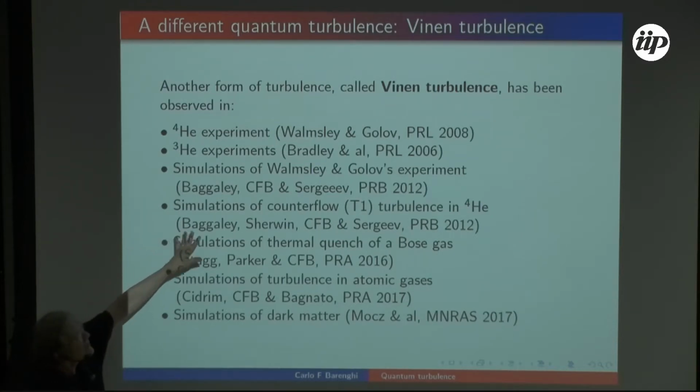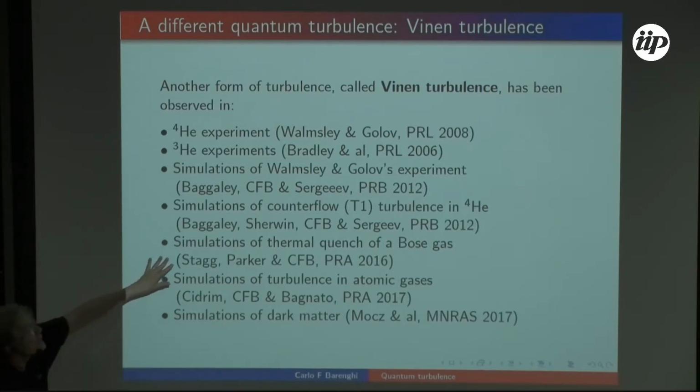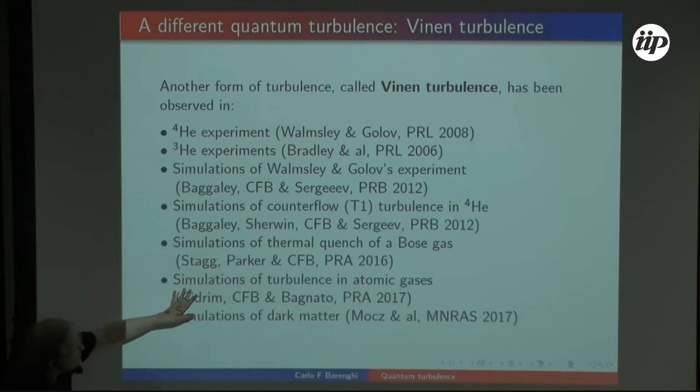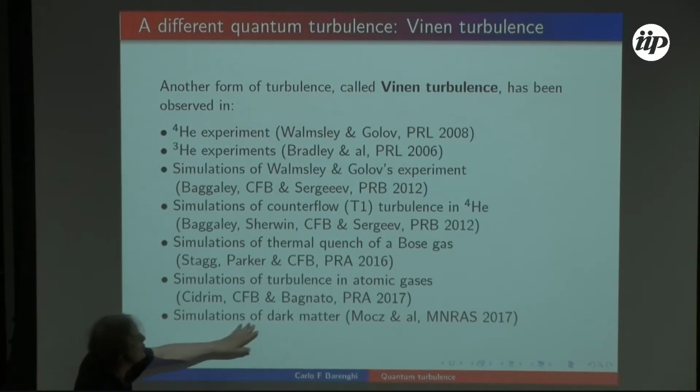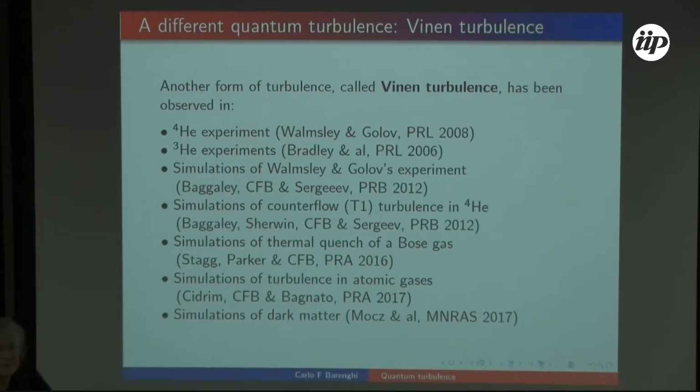Simulations of turbulence generated by small heat flux. Simulations of the thermal quench of a Bose gas. Simulations of turbulence in small atomic Bose-Einstein condensates. And more recently, even simulations of dark matter. Those will be axions obeying some kind of self-gravitating Gross-Pitaevskii equation.